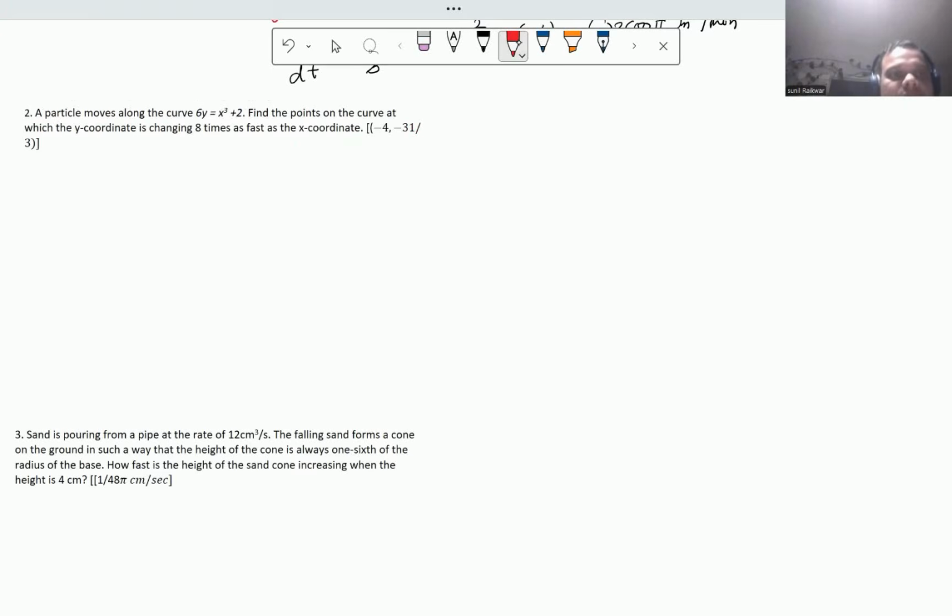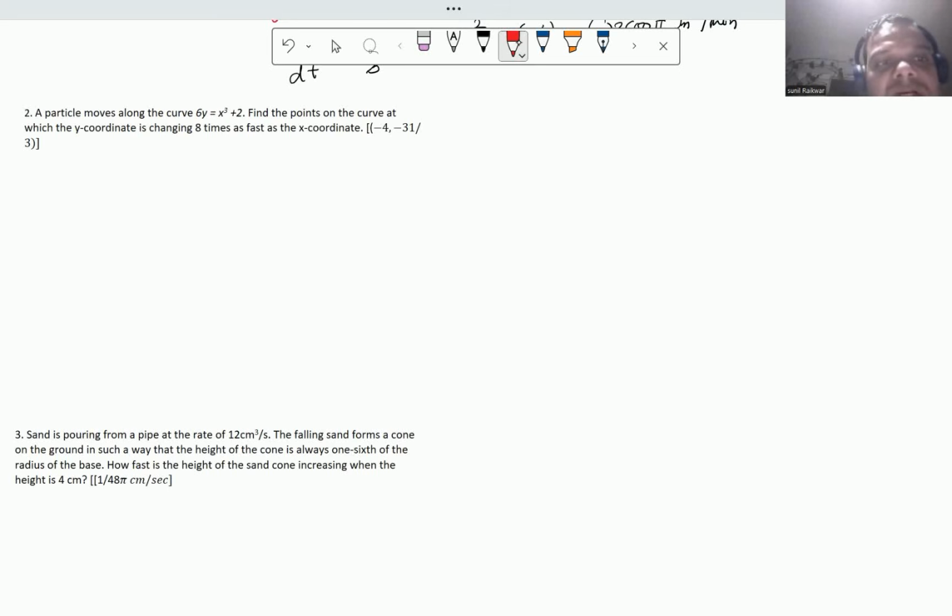Now just look at the next problem. In the second problem, we have a particle that moves along the curve 6y is equal to x raised to the power 3 plus 2. Find the points on the curve at which the y coordinate is changing 8 times as fast as the x coordinate. So the relation we already have, and what information is given here?